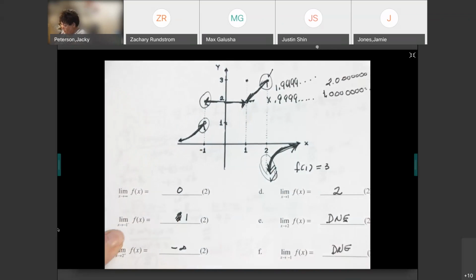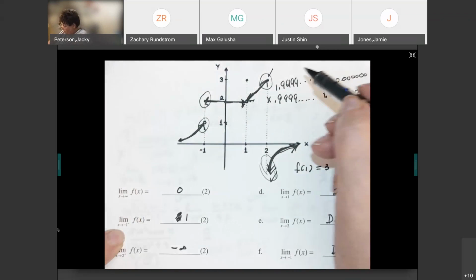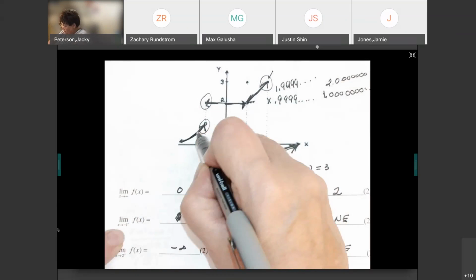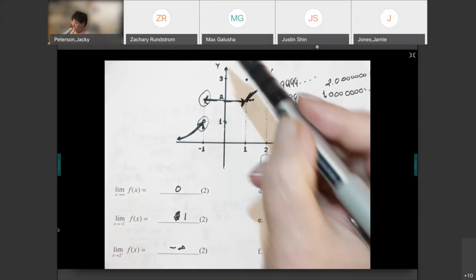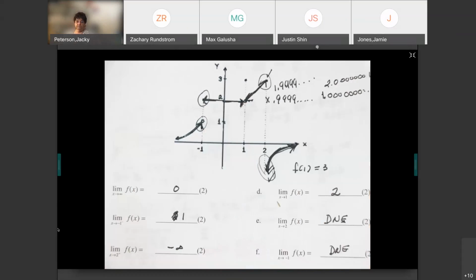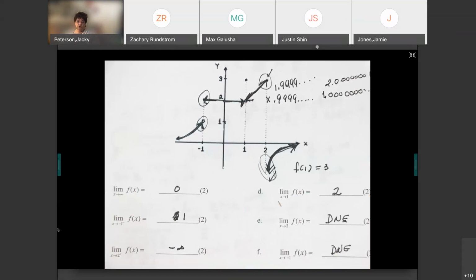It says it's going to -1 from the left, I trace it and see where it goes. As I put my pen on the graph itself, more than just looking, because just looking can get you into too much trouble. So yeah, use your pen on the graph. It helps you a lot in determining what the limit is.